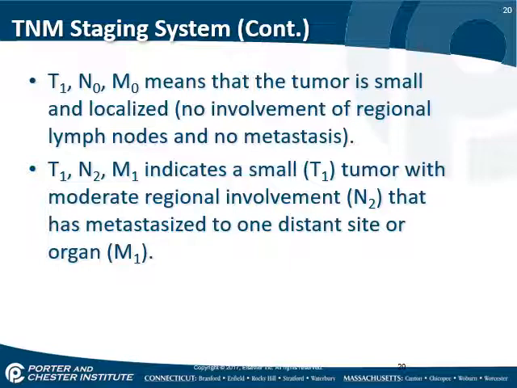All right, so you have to break this down. T1 means it's a small tumor. N2 means that there's moderate regional involvement, moderate spreading. And M1, again with metastasis, it's either a 0 or a 1. So this means metastasis has happened.